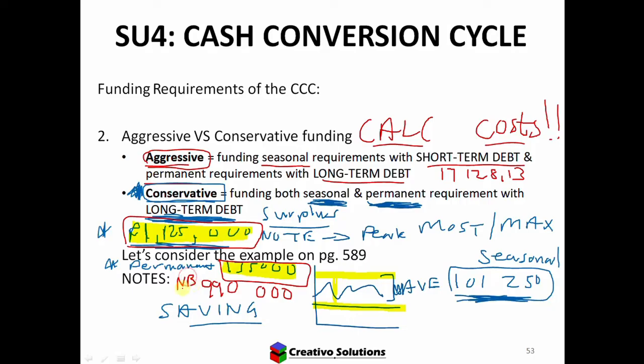What is this representing? Let's think about it. Remember the top and the bottom? This 990 is this additional potential surplus that's going to be created because I'm funding my permanent requirements with long-term debt. So I'm acquiring 1.125 million as a total.